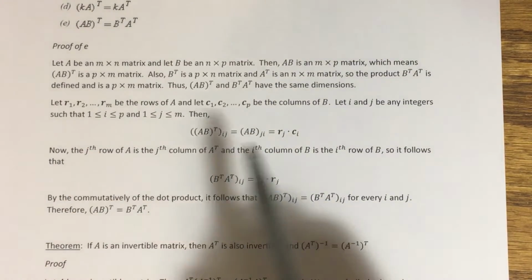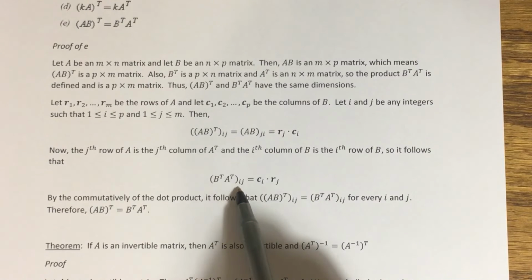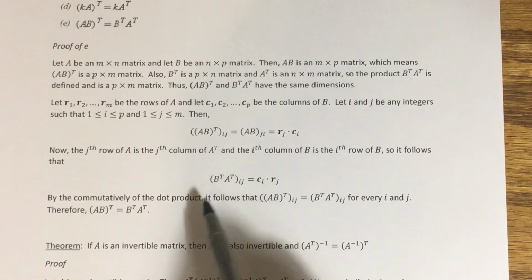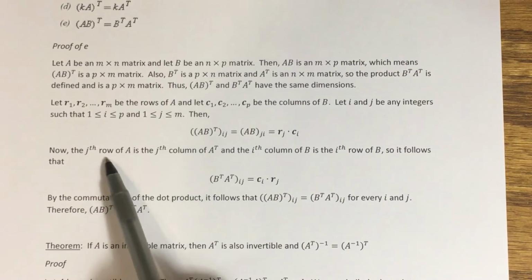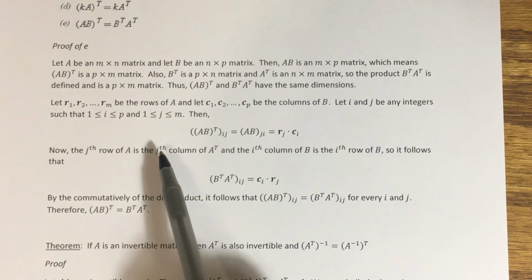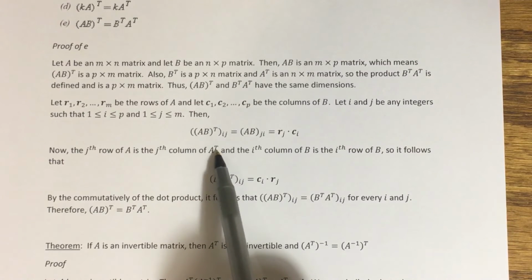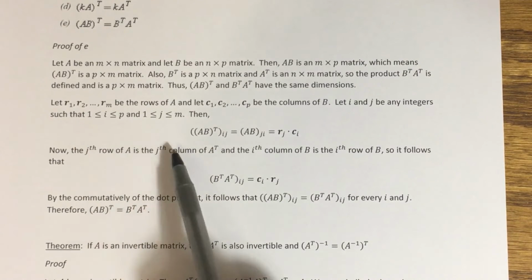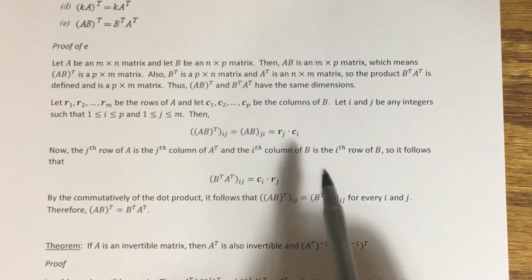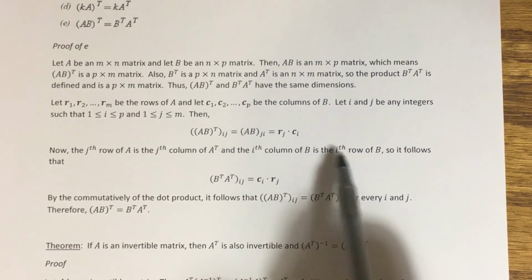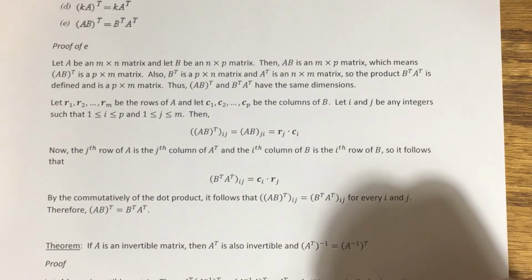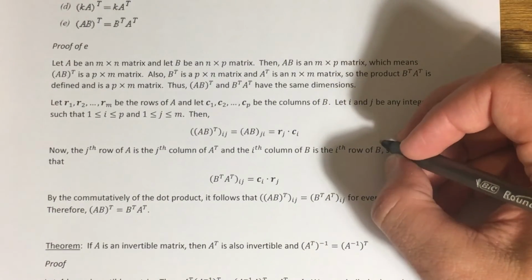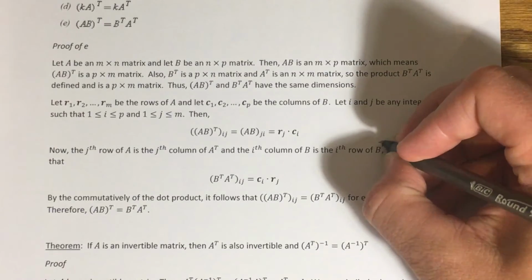So looking at that, what is the ijth entry of B transpose times A transpose? Well, we know that the jth row of A is actually the jth column of A transpose, right? Because that's what a transpose does. It swaps this row for this column. And the ith column of B is actually the ith row of B transpose.